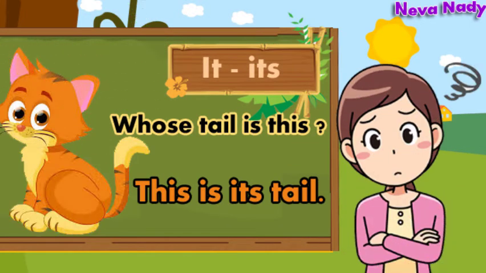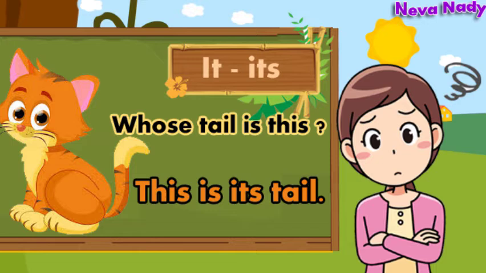Look here, it is a subject, but its is the possessive adjective. Look at this cat. It has a tail. The question is, whose tail is this? The answer, this is its tail.